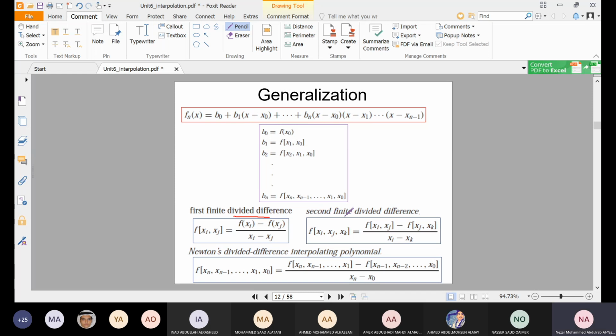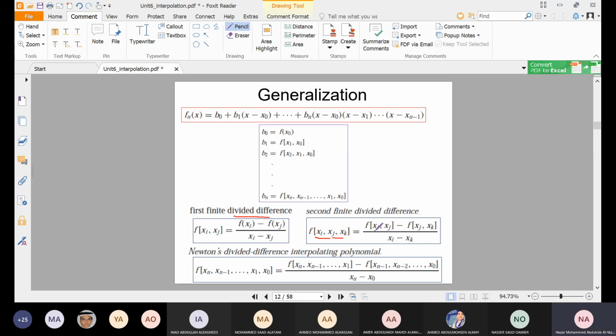This is the second finite divided difference. In this case we take 3 points, so we take 2 by 2. So we have the first divided difference of xi, xj minus the first divided difference of xj, xk.